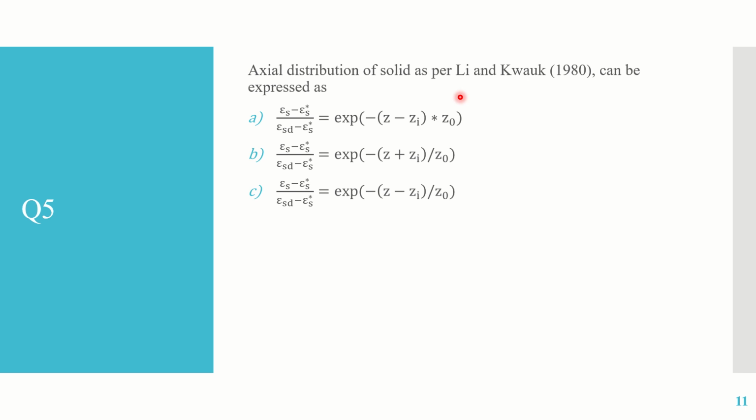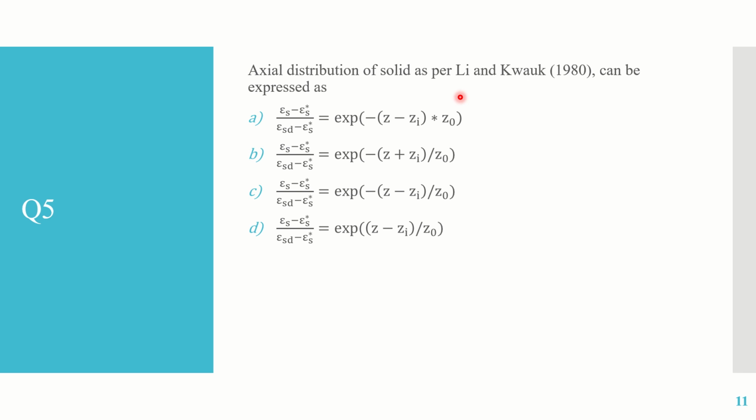Option C, the same ratio is equal to exponential of minus (z minus zi) by z naught. Option D, the same ratio is equal to exponential of (z minus zi) by z naught.